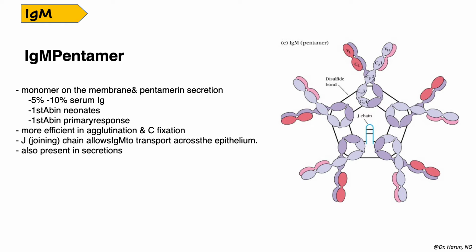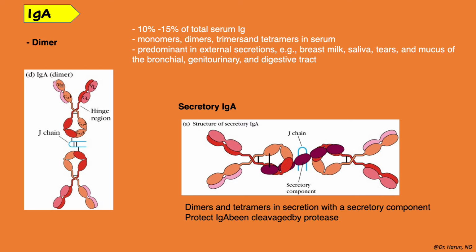So this is the immunoglobulin that is in our body when we are still babies. Whereas IgA is about 10 to 15% of total serum Ig, in the form of monomers, dimers or trimers, and also tetramers in serum. And usually it is said to be the majority in external secretions like breast milk, saliva, tears and mucus of the bronchial, genitourinary and also digestive tract.